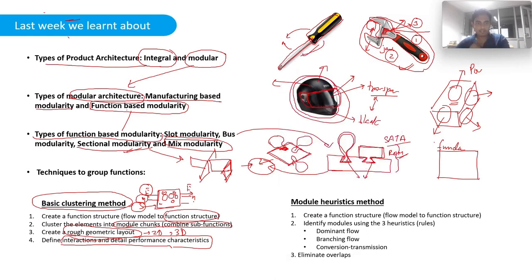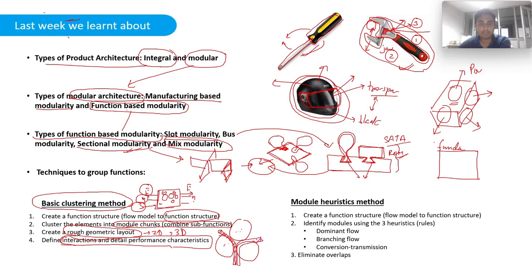Okay, so what we try to see by analyzing the interaction is that when we are trying to group functional blocks into particular modules, there may be some sort of energy depletion. For example, heat energy can pass from one module to another module. So for that, we need to take special care how to separate these modules from each other. Similarly, there can be material sharing between two modules.